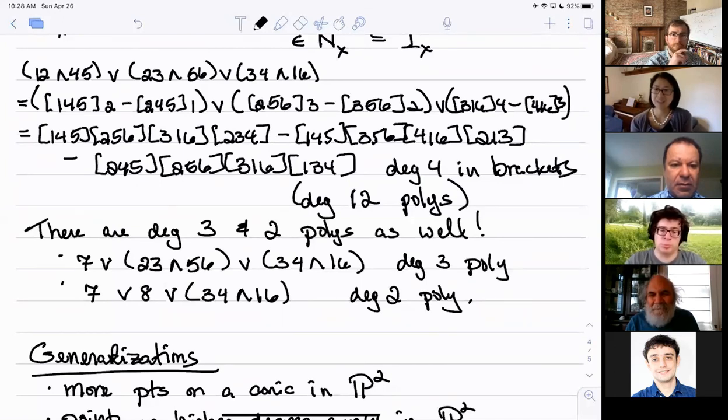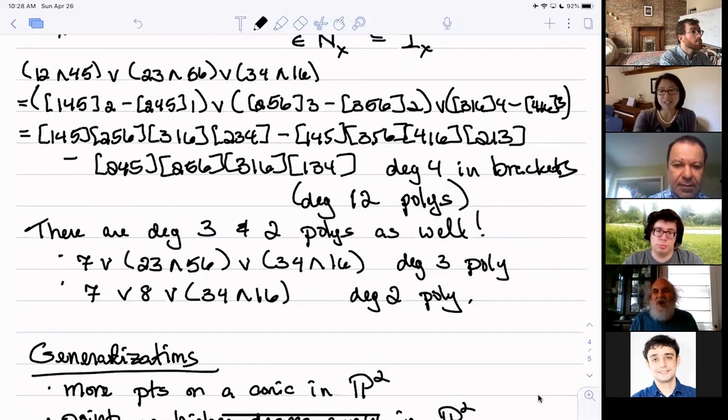If you're talking about points in P2, you can certainly read out all the generators of that ideal I called NX that are just the vanishing brackets. But the more mysterious ones, the ones that aren't just monomials, it's not so clear to me how you get them.